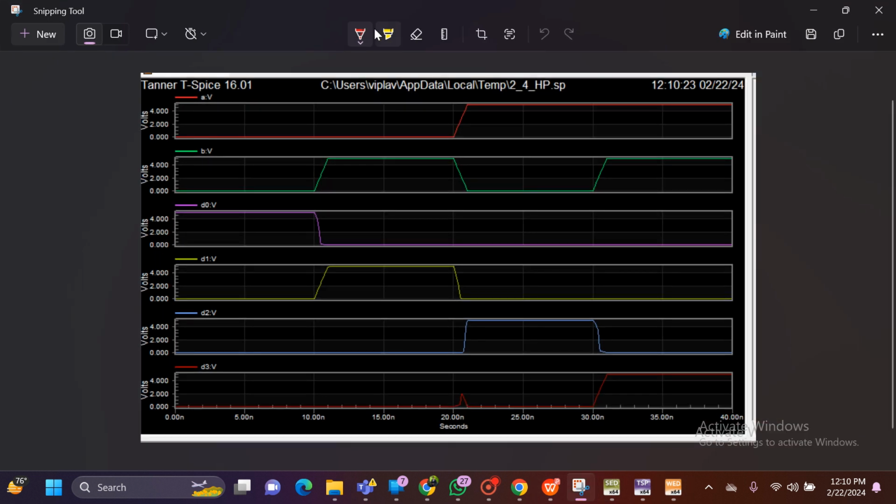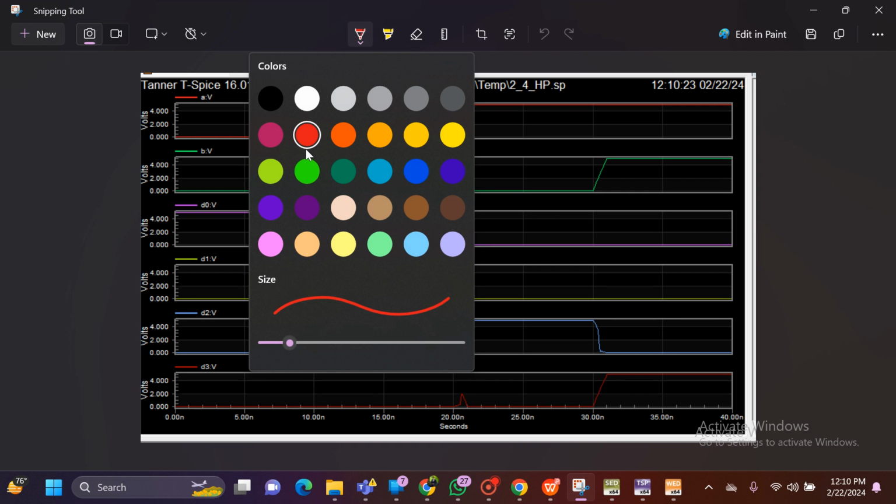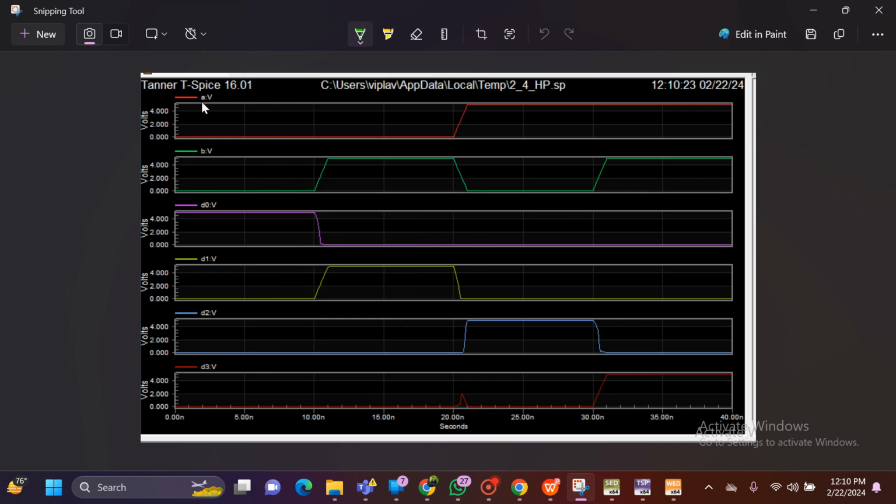See, you can clearly see here. Suppose I am taking this one. This is the A input, this is the B input. Okay, so here there are the timing simulations, like see, 0 to 10, one input; 10 to 20, another input; 20 to 30, another input; and 30 to 40, another input. So two input combinations are 4.